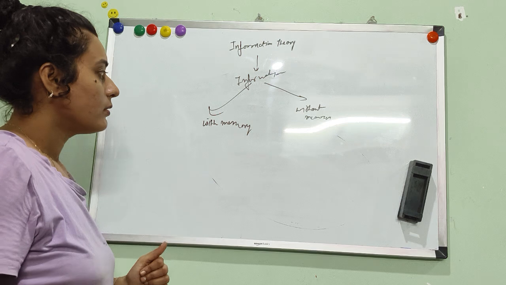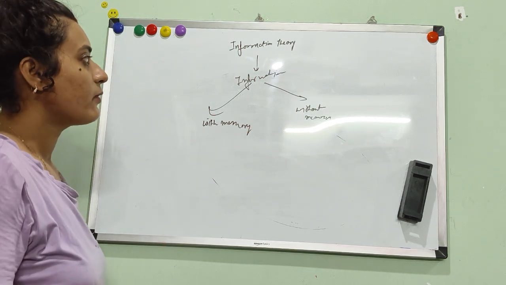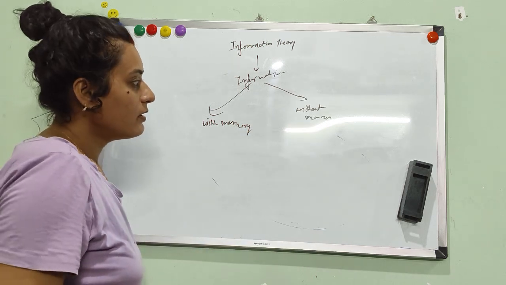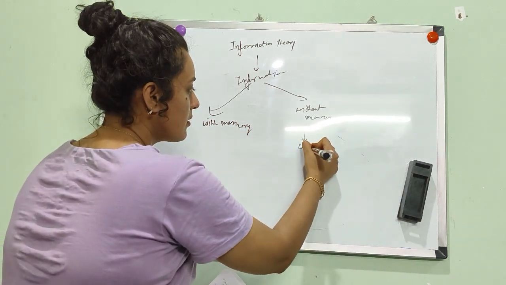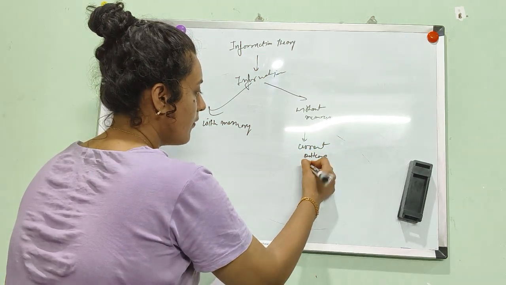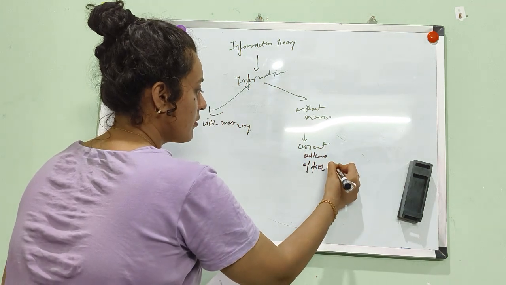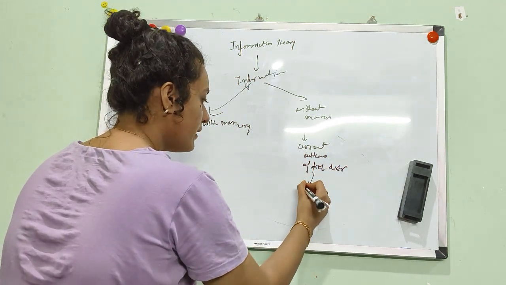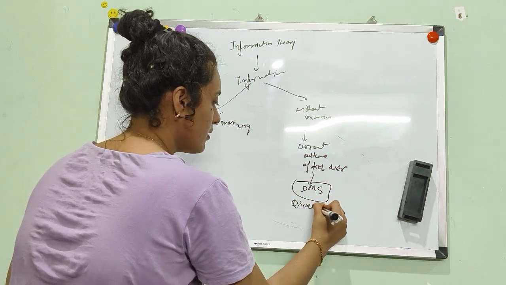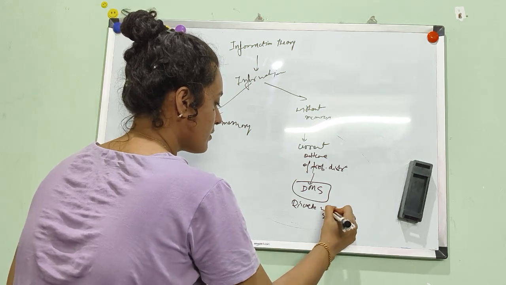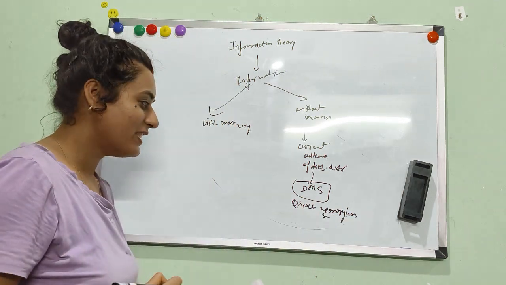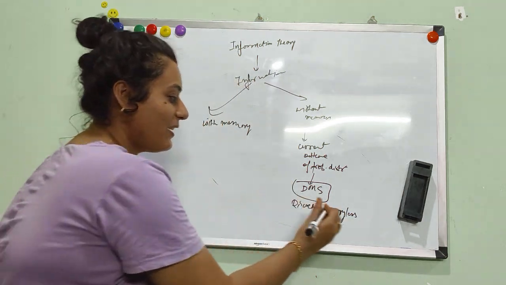But what happens in without memory, that is memoryless information sources? Here it will not depend on the previous one, only on the current outcome of the probability distribution, which is also called DMS, that is discrete memoryless source. Now I can write it as discrete memoryless sources.